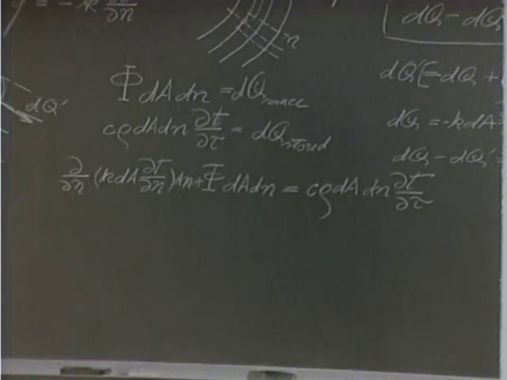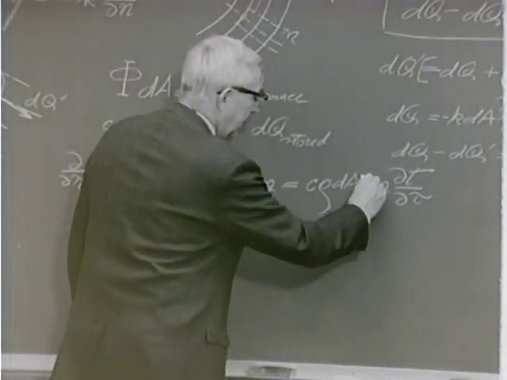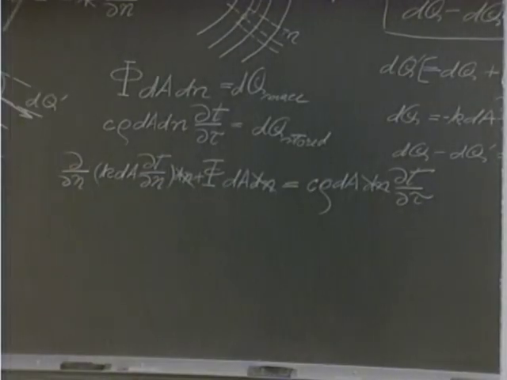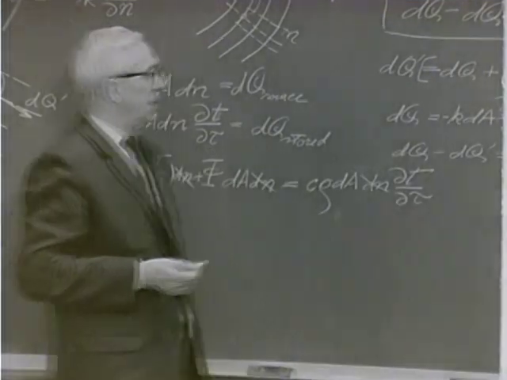And this means then that I can cancel out the dn. And then usually the equation is presented by solving it for the temperature variation with time.